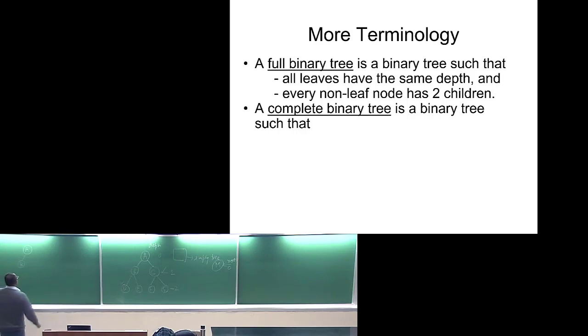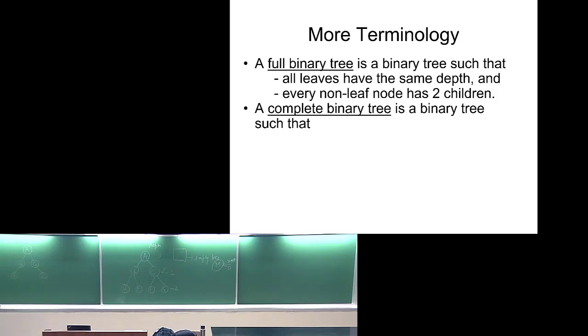All right? Is it a full tree? Yes, and complete as well. All right? Is it full? No, it is complete. Not full, but complete. Is it full? No. Is it complete? No.